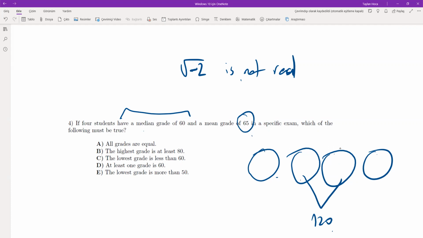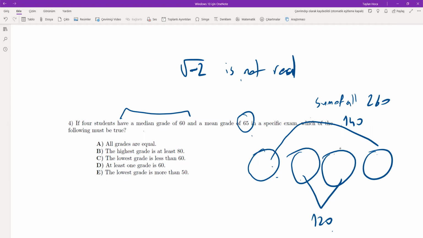So the sum of all four is 260. Sum of all is 260. So 260 minus 120 is 140. The first and the fourth, the minimum and maximum, they have a sum of 140.